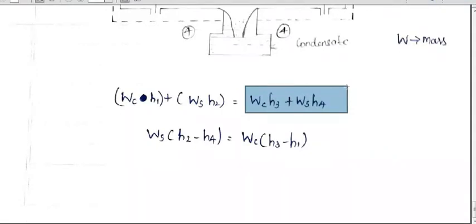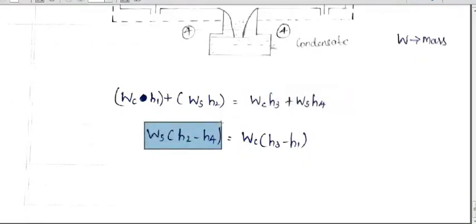On the left hand side I put only the mass of steam, and on the right hand side the mass of cooling water. So the final equation becomes Ws into (H2 minus H4) is equal to Wc into (H3 minus H1). This is the final formula for the heat exchanger.